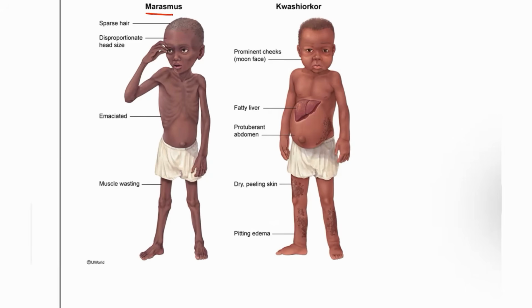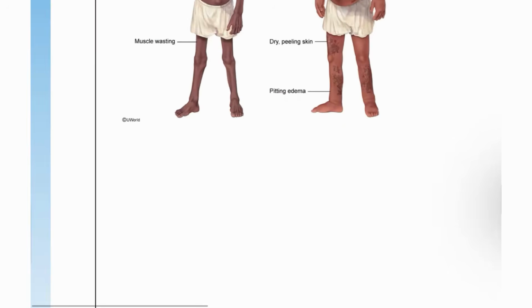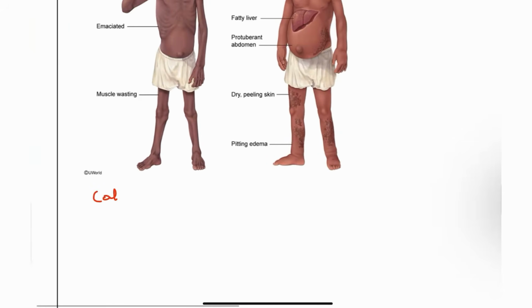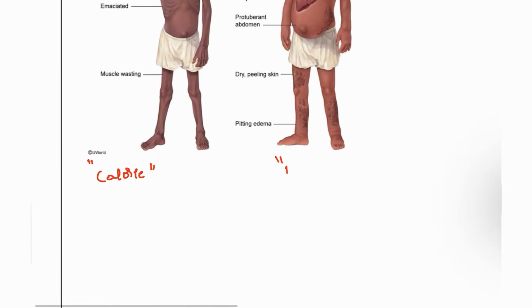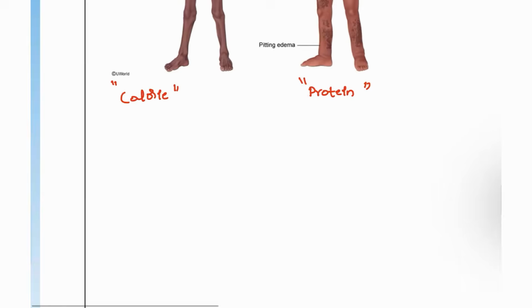In the marasmus patient, usually there is complete nutrient deficiency that we are going to see here. So the whole calorie deficiency will be seen with marasmus. Whereas the patients with kwashiorkor are most commonly associated with protein deficiency.